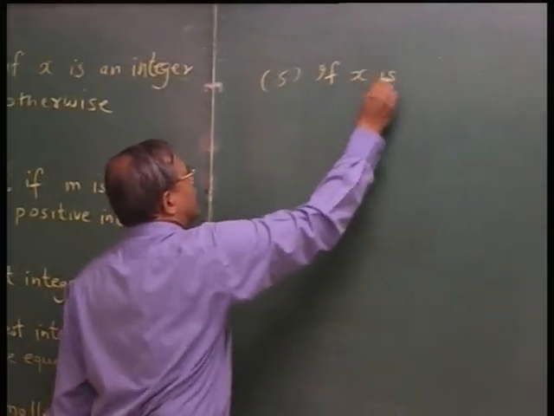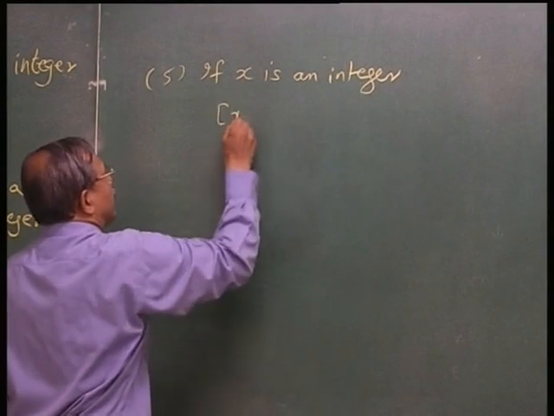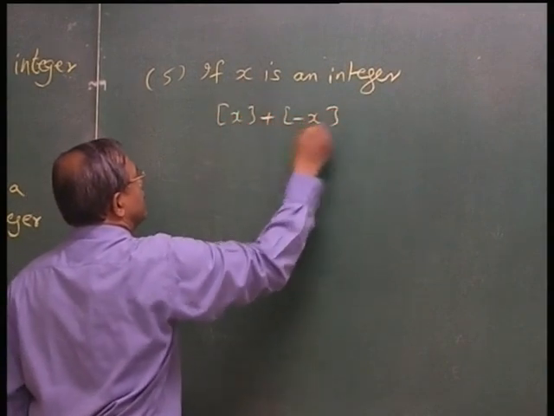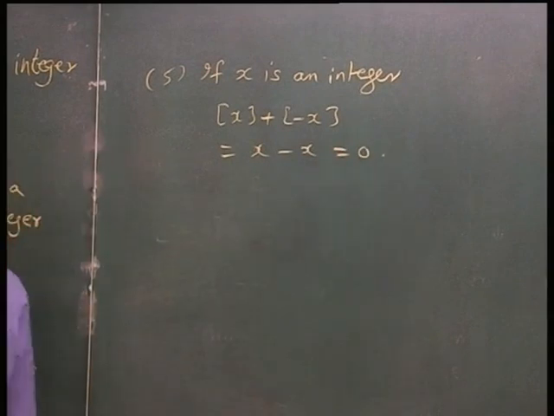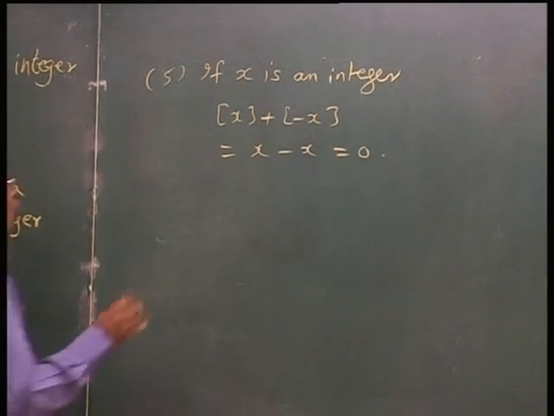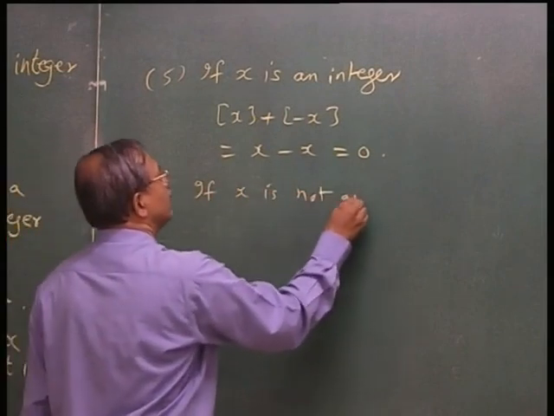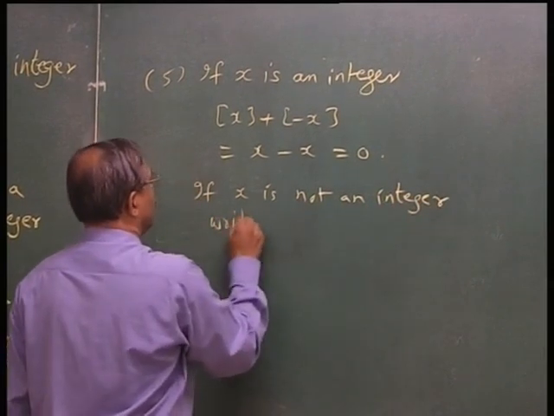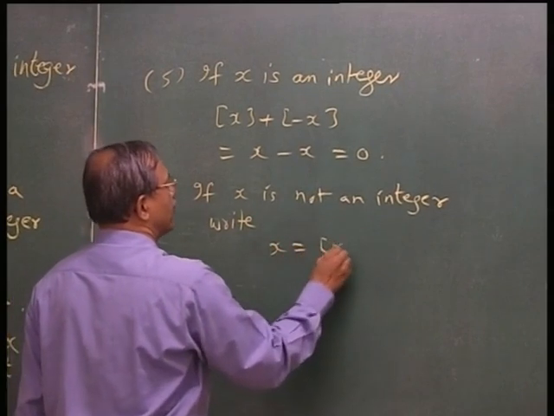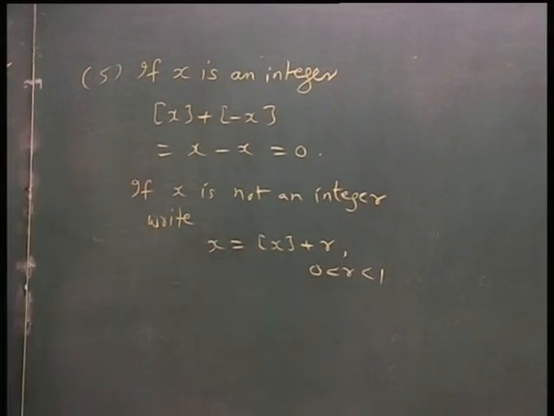Let me just write this. If x is an integer, integral part of x plus integral part of minus x is equal to x minus x equal to 0. That's clear. If x is not an integer, x is equal to integral part of x plus r, 0 less than r less than 1.